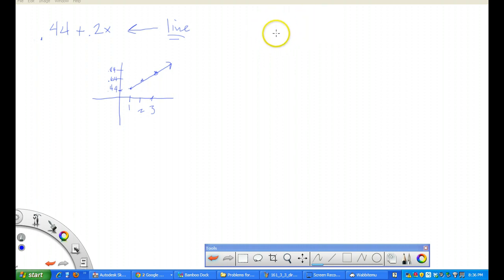So price equals literally what we've been saying, 0.44, 0.64, 0.84, and then we could keep going if we wanted to, but just to get the idea, if 0 is less than or equal to x, less than or equal to 1, if 1 is less than x, less than or equal to 2, if 2 is less than x, less than or equal to 3, and so on and so on and so on.